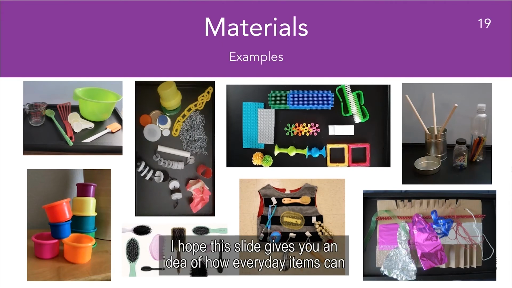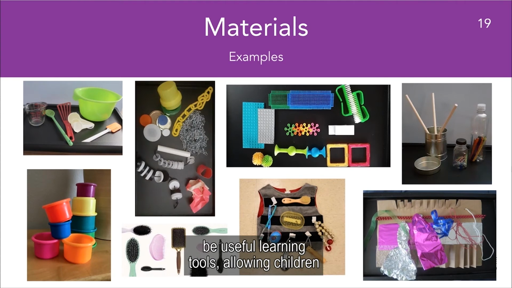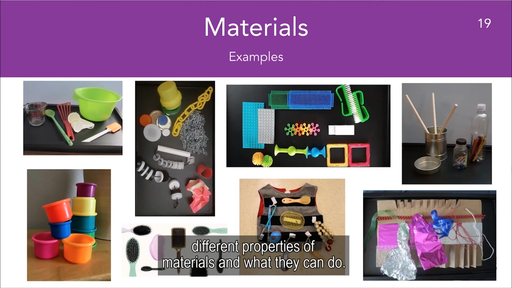I hope this slide gives you an idea of how everyday items can be useful learning tools, allowing children to explore, compare, and determine different properties of materials and what they can do.